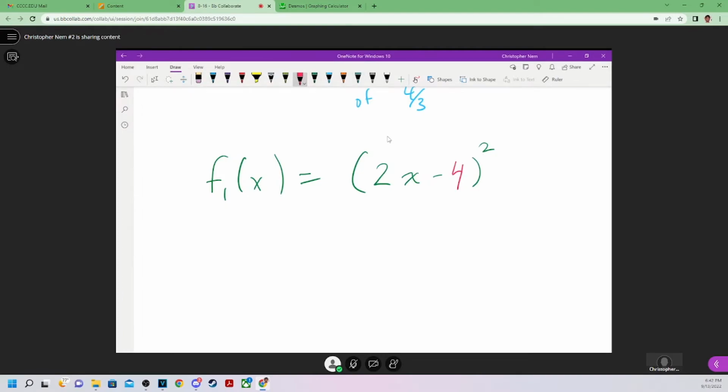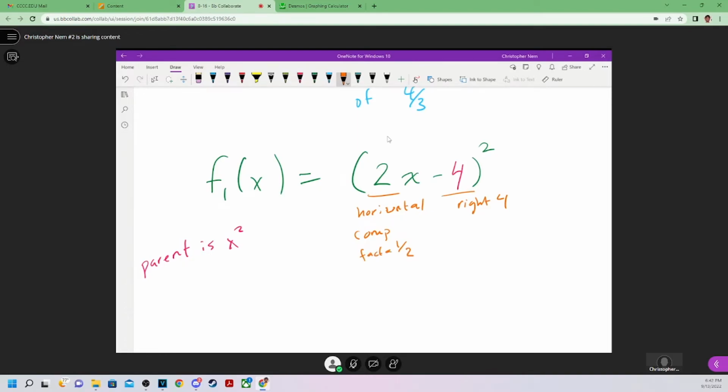The parent graph of this guy is a quadratic. The parent is x squared. What this means is, hey, we're supposed to move that right 4 and horizontal compress a factor 1/2.